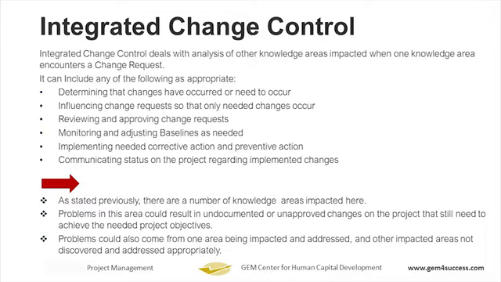It can include any of the following as appropriate: determining that the changes have occurred or they need to occur. Influencing change requests so that only needed changes should occur. It's not all changes that people want that you have to do. For example, you want to construct a road. The mama that is selling plantain beside the road is a stakeholder, because if you do that road, you chase her away from it.